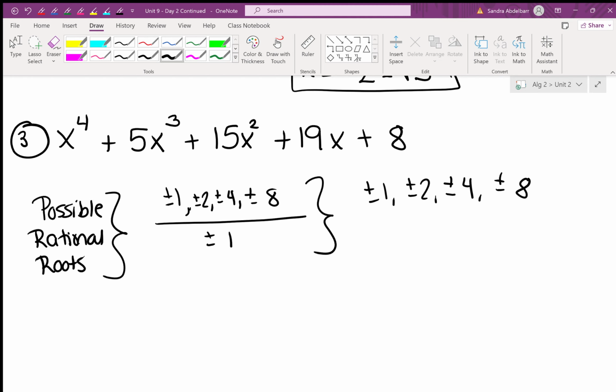Why are the positive numbers not going to work? Because everything up here is positive. So if we plug in and then just keep adding positive after positive, is there any way the last column will ever be 0? No, so that takes out half of our options, right? So now we're going to test the negatives.